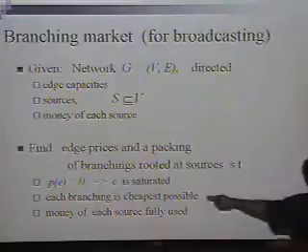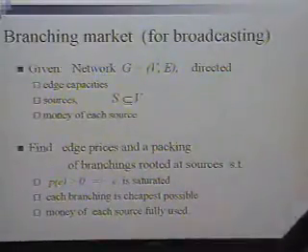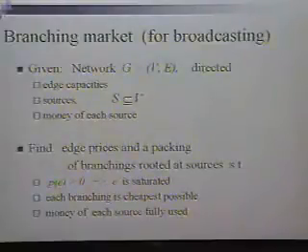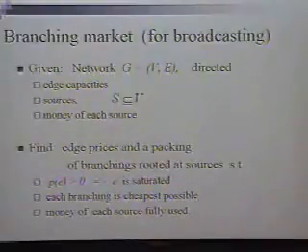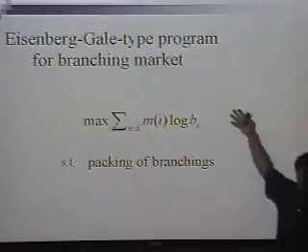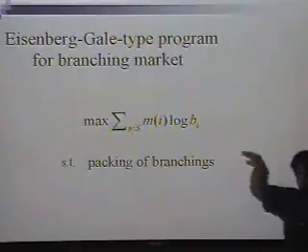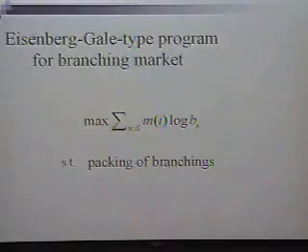Every branching is the cheapest possible at that source, and all the money of every source is fully used. And again, not surprisingly at all, there's an Eisenberg-Gale-type convex program that captures this market completely. Optimal solution to this program is equilibrium branchings for that market.